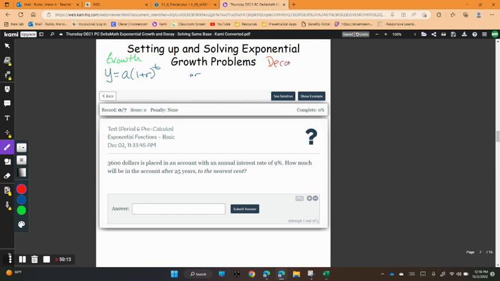Or if you have a decay problem, you're going to use y equals a times 1 minus r raised to the t power, where we said that a is your initial value or starting amount, r is your rate in decimal form, and t is your time.